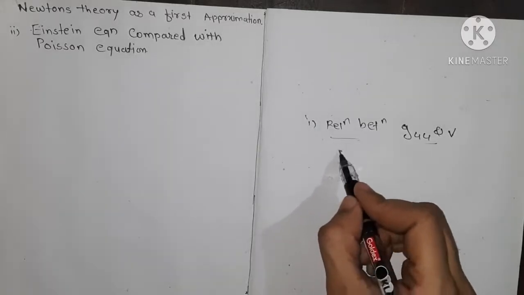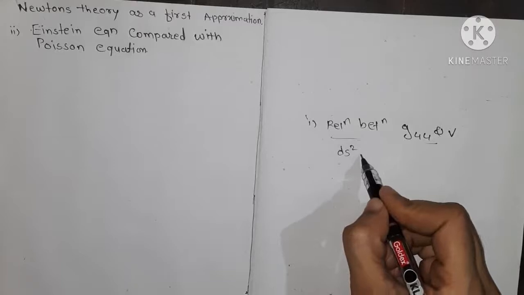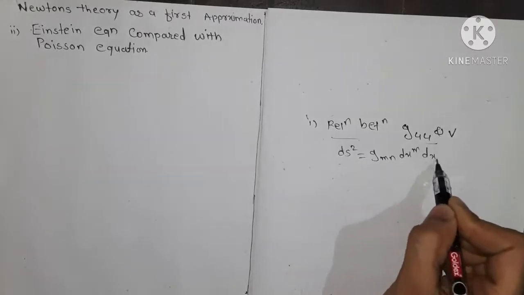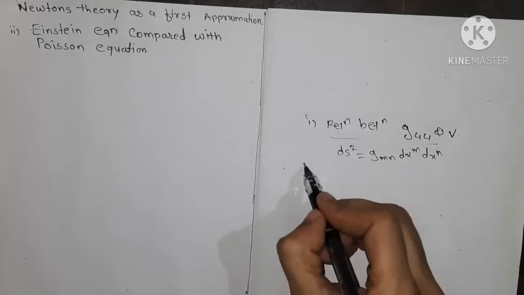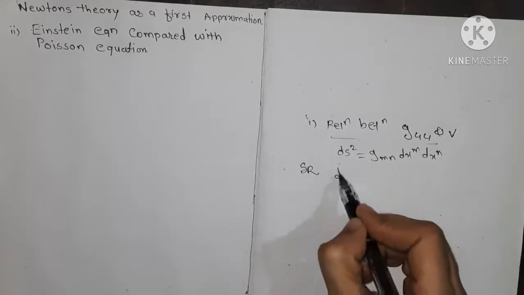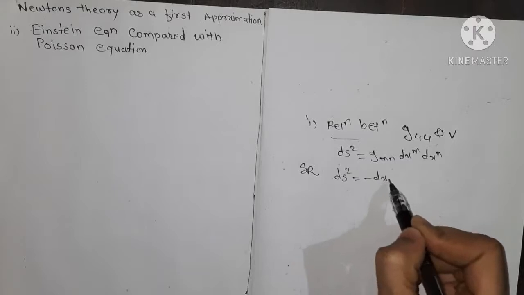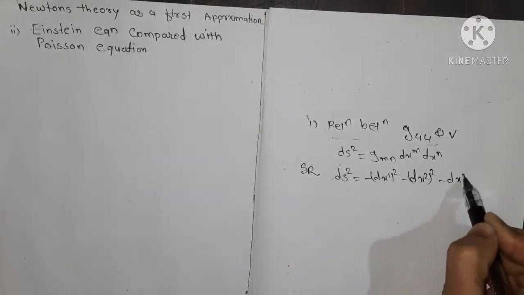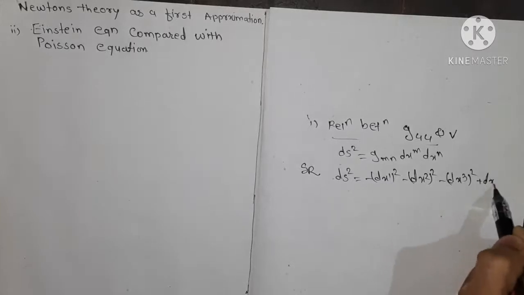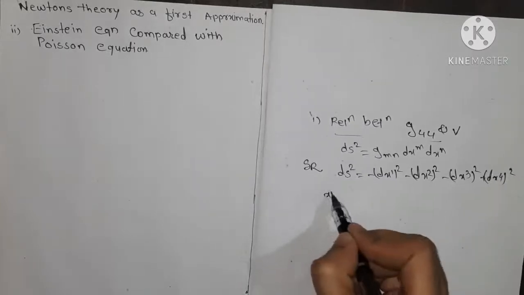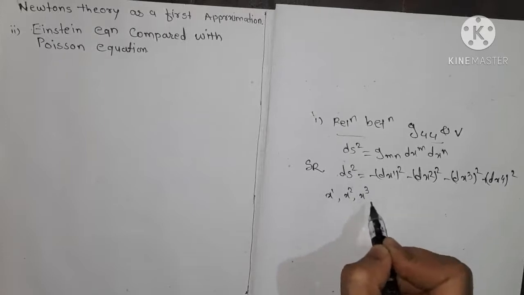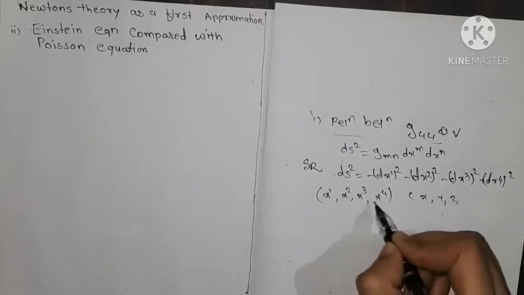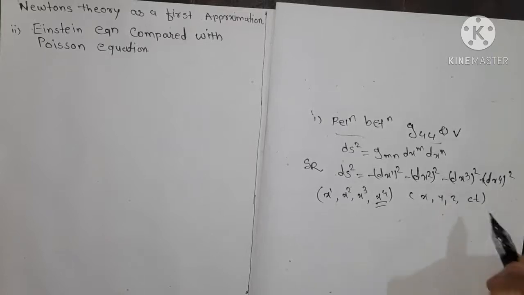We consider the space-time of general relativity, which is given by ds square equals gmn dxm dxn, and we compare this to the space-time of special relativity, which is given by ds square equals minus dx1 square minus dx2 square minus dx3 square plus dx4 square, where our coordinates x1, x2, x3 are nothing but x, y, z, and the last coordinate x4 is c into t.